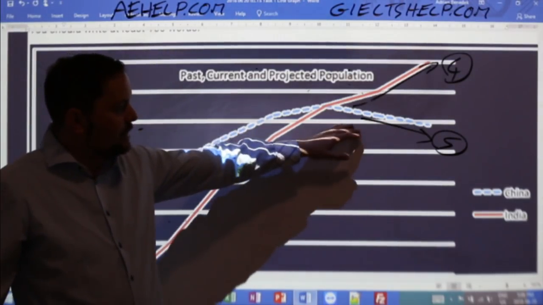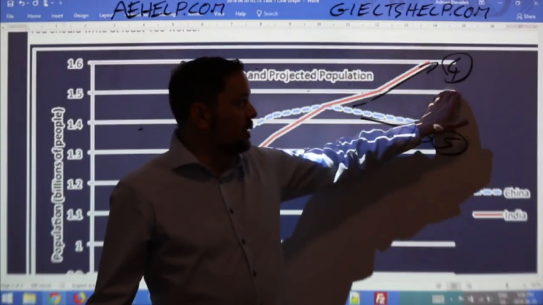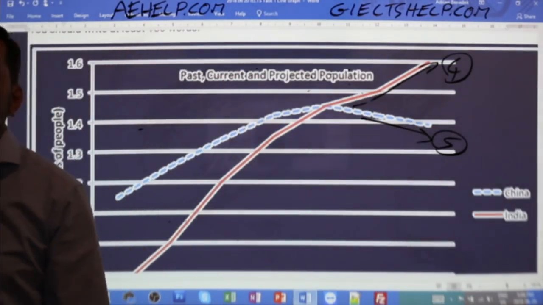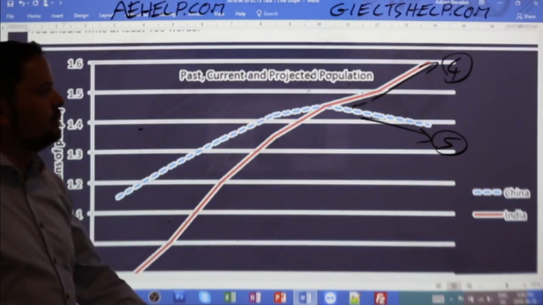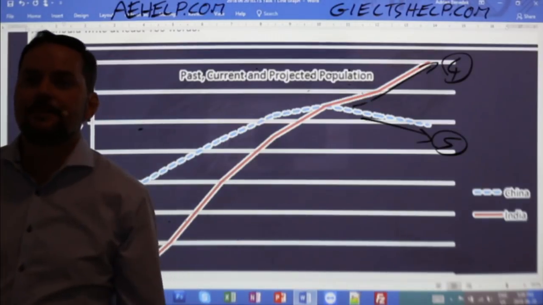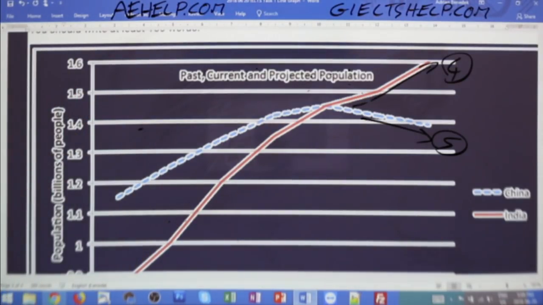You should think about that, and then talk about China. So I would talk about India more and then go back to China, okay? All of you are focusing on China, but notice I've labeled that as number 5. Focus on India first, okay? So India's population is going to continue increasing while China's will decline. Khaled, that's a good start, and then you can get into the details, right?